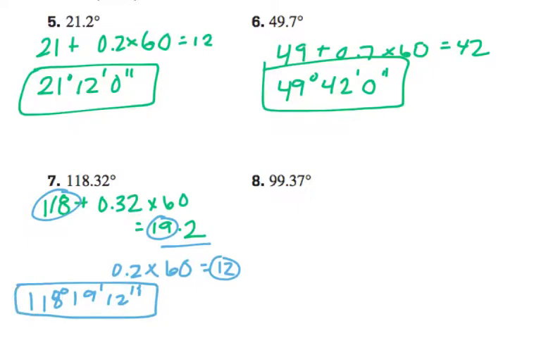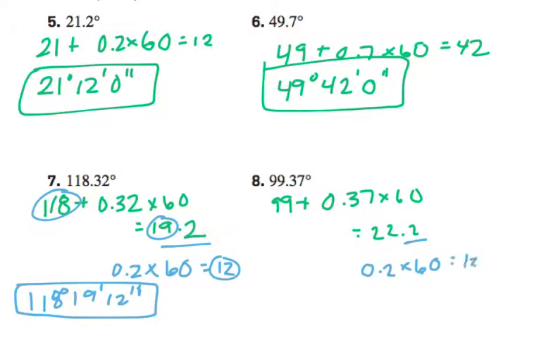Alright, next one. We still have 99, but to that we're going to add our decimal of 0.37 times 60. And so 0.37 times 60 is 22.2, but then we take that 0.2 and multiply it by 60 and get the 12 that we had the last time.